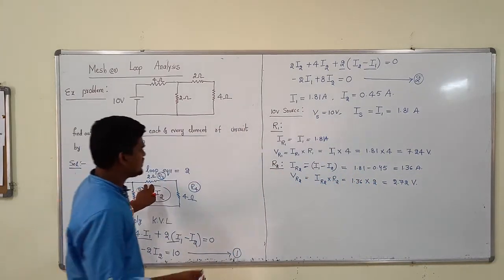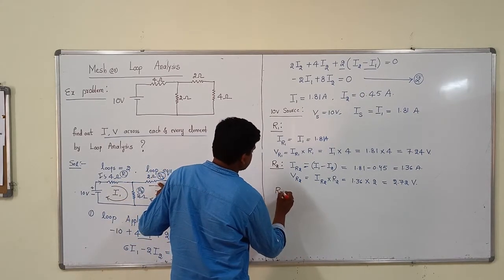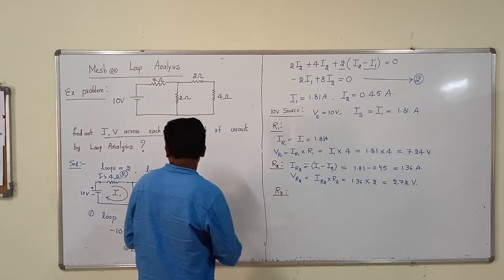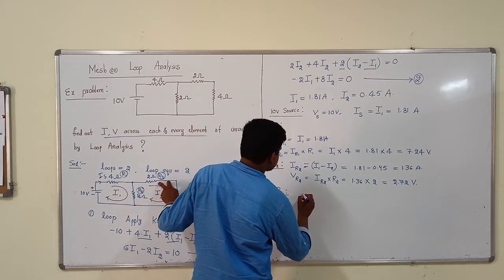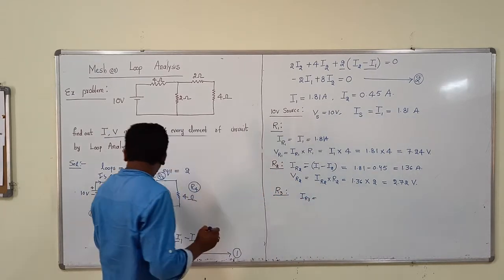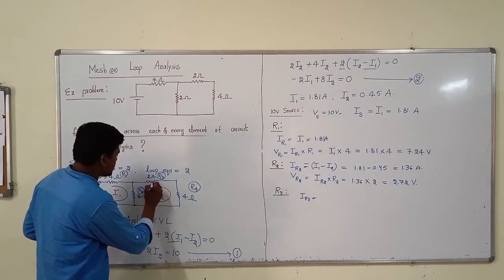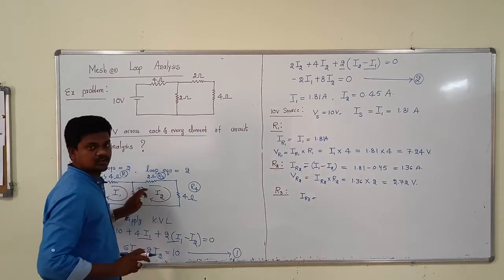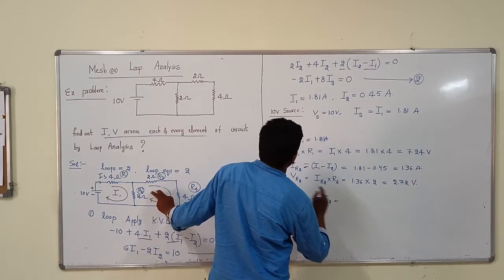The same voltage appears across R3. We will find out the values across the R3 resistor. For the R3 resistor, the current across R3, if you observe here, is simply the I2 current. What is the value of the I2 current?